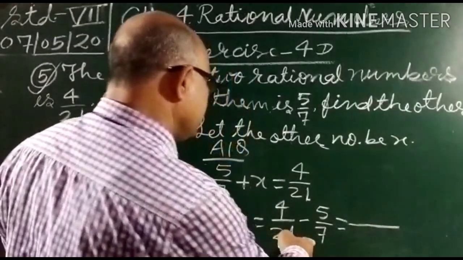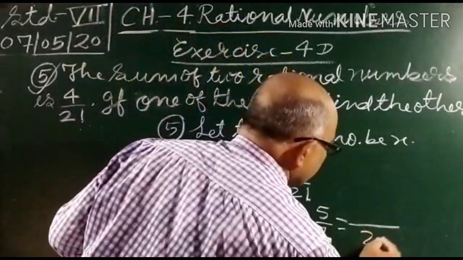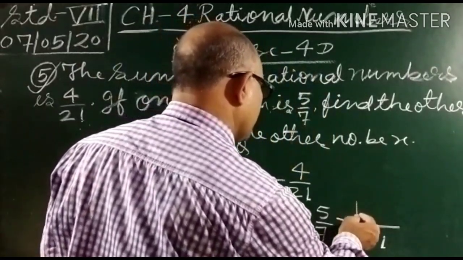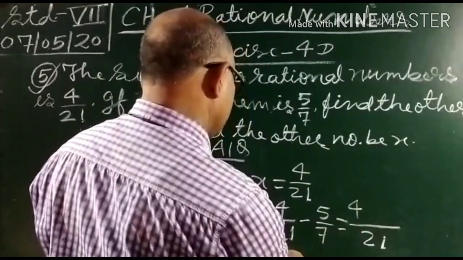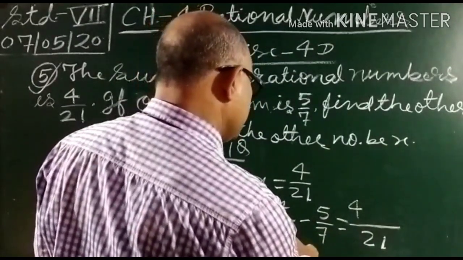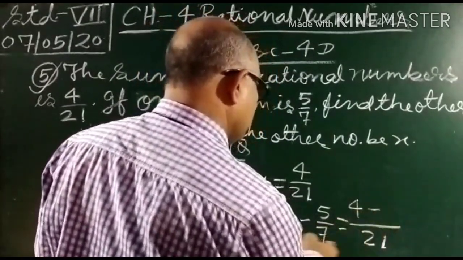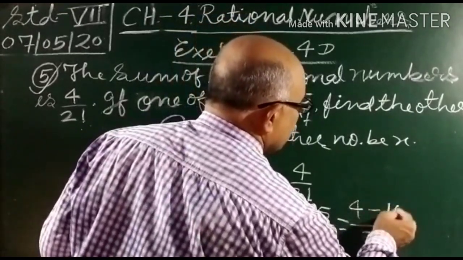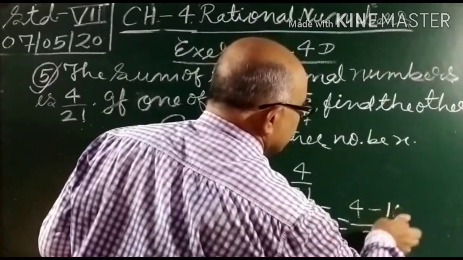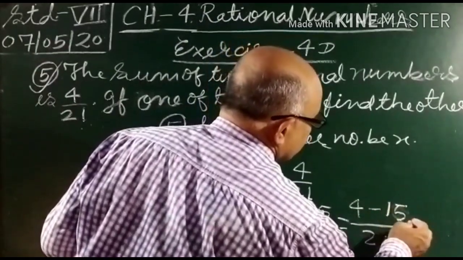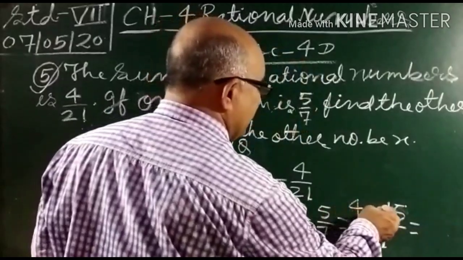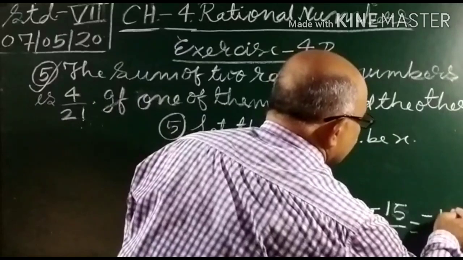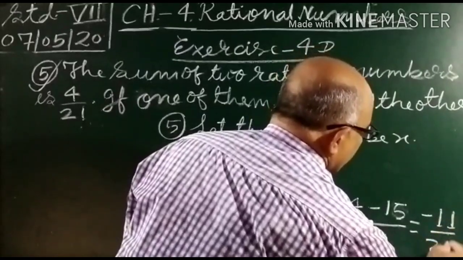LCM of 21 and 7 is 21. 21 ones are 21, so 4 minus 7 threes are 21, so 5 threes are 15. Now 4 minus 15 is minus 11 by 21.